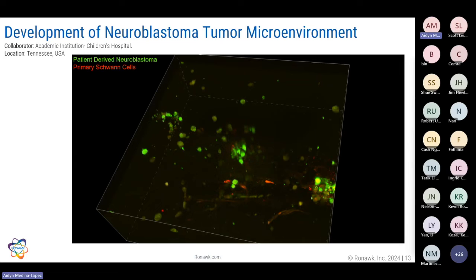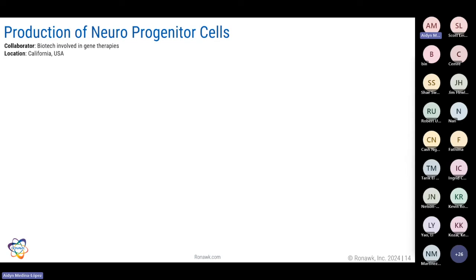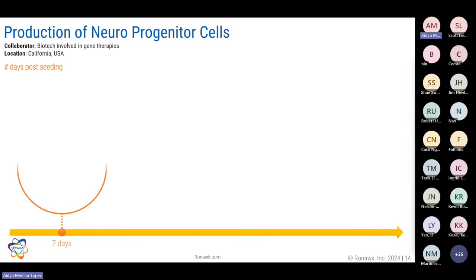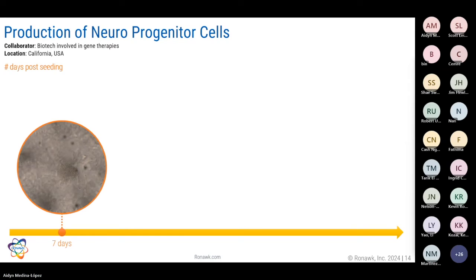Other neuroscience research that we have been helping with is with this collaborator, a biotech involved in gene therapies, and their goal was to expand the culture of primary neuronal cells. And with these neuroprogenitor cells, you can see that within 7 days, we're starting to aggregate and form very complex structures.